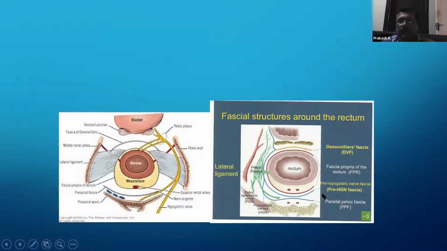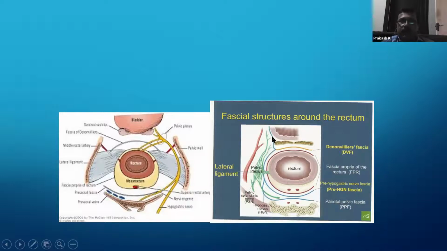The same you can see here. Anteriorly, when you come, you have the seminal vesicle, you have the Denonvilliers fascia. The Japanese describe it in 2-3 layers, but most probably at least you should be able to differentiate 2 layers while you dissect. And the pelvic plexus gives rectal branches and then goes anteriorly.